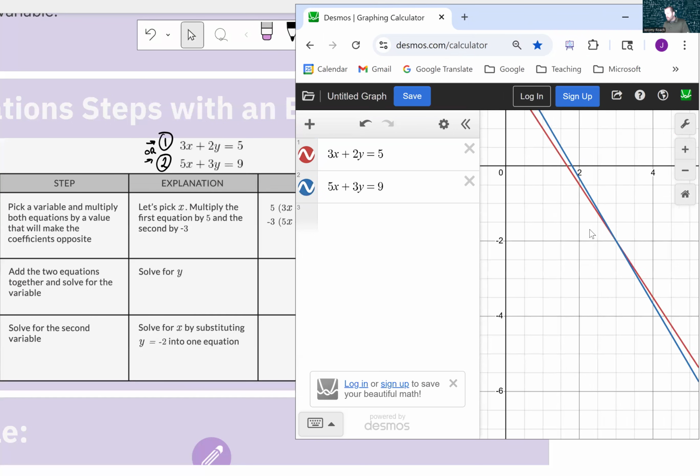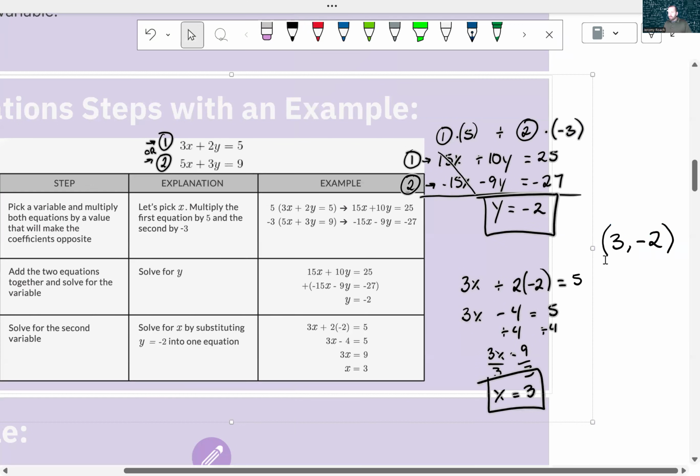And if we zoom in, we can see that they cross at 3 negative 2. So here's the red line is equation 1, and the blue line is equation number 2. And that's a lot faster than doing the elimination method. But if you want to check your work, and if you have extra time for a problem, you can definitely use elimination.